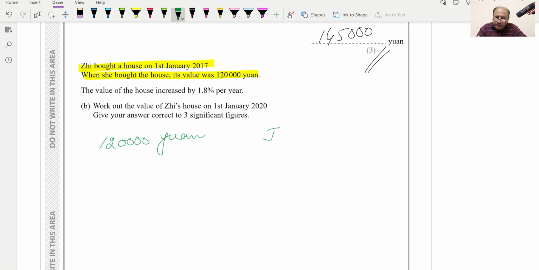And this is Jan 2017. The value of house increased by 1.8% per year. So rate R is equal to 1.8% per year.